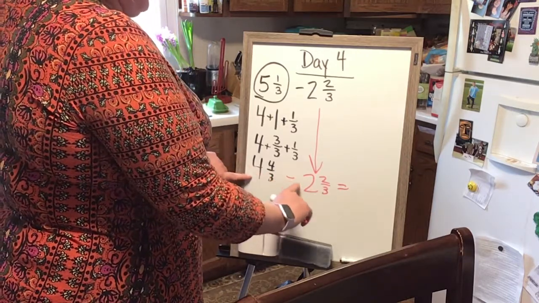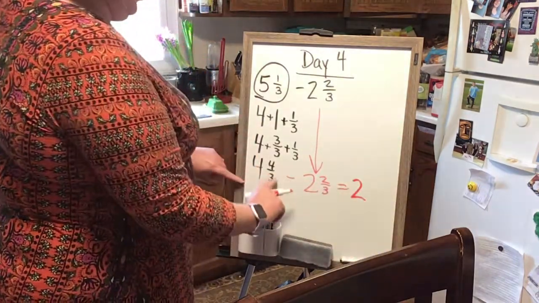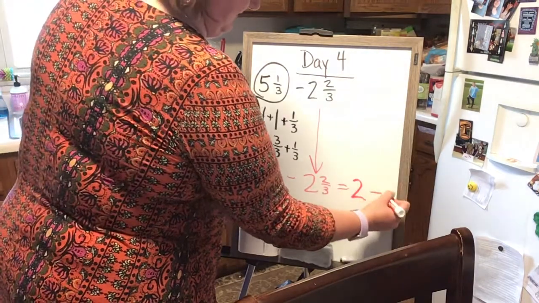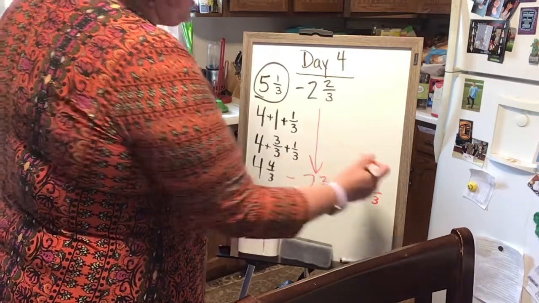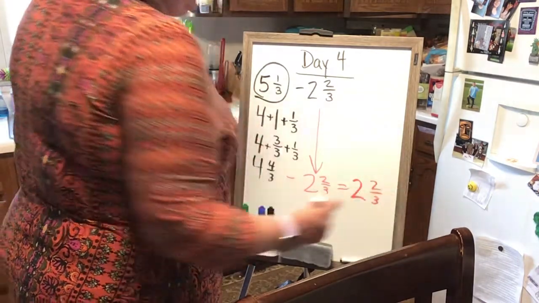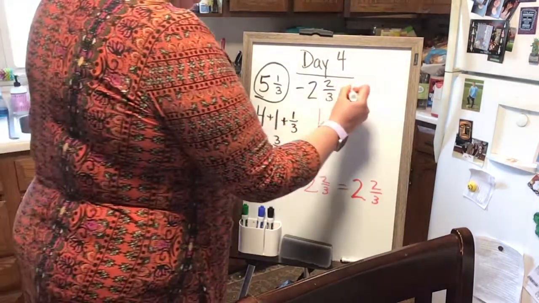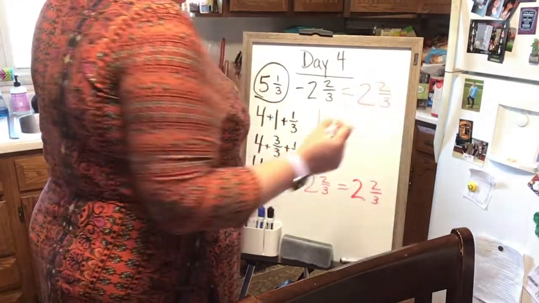So what's 4 minus 2? 2. And what's 4/3 minus 2/3? Well, bring over your denominator and then just for your numerator, just do 4 minus 2. 2. So the answer to my problem is 2 2/3.